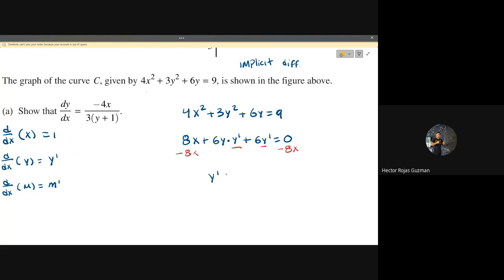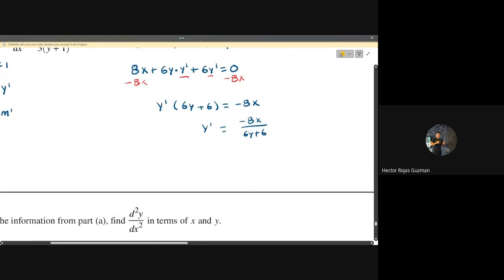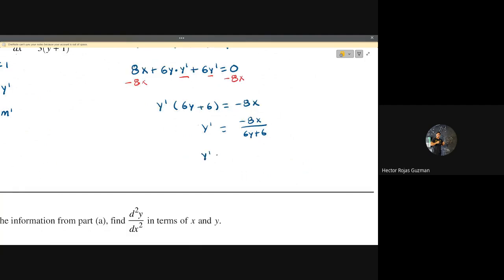So y prime, 6y plus 6 equals negative 8x. Then I can go ahead and divide by 6y plus 6. To show my work, I'm going to factor out a 6.